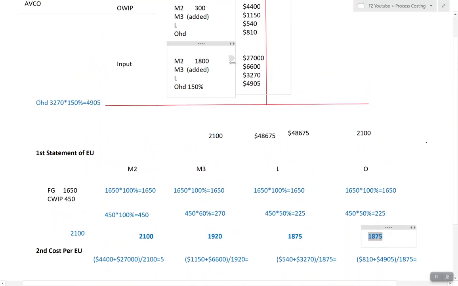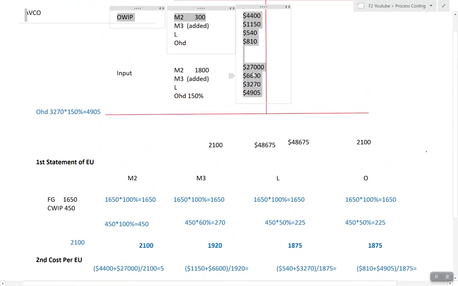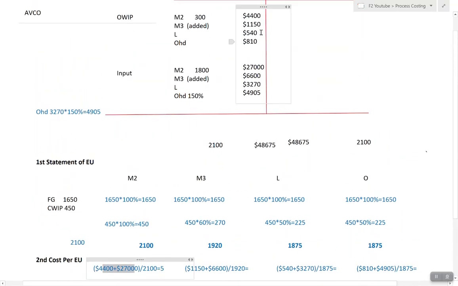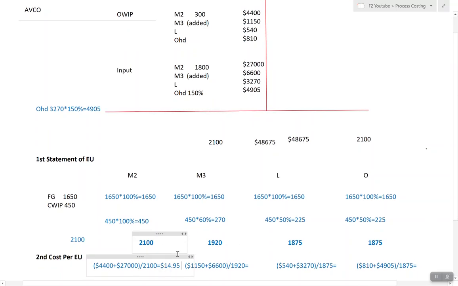Now because we have two costs, the opening cost and the new cost, we add them together because Avco assumes we work on the units together, so costs should also be added together. So we add together the opening cost and the new cost, and divide by equivalent units, which in this case becomes 14.95.